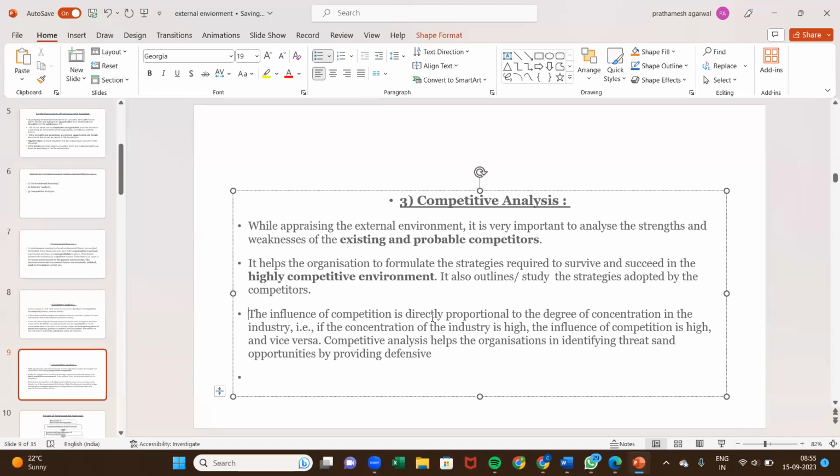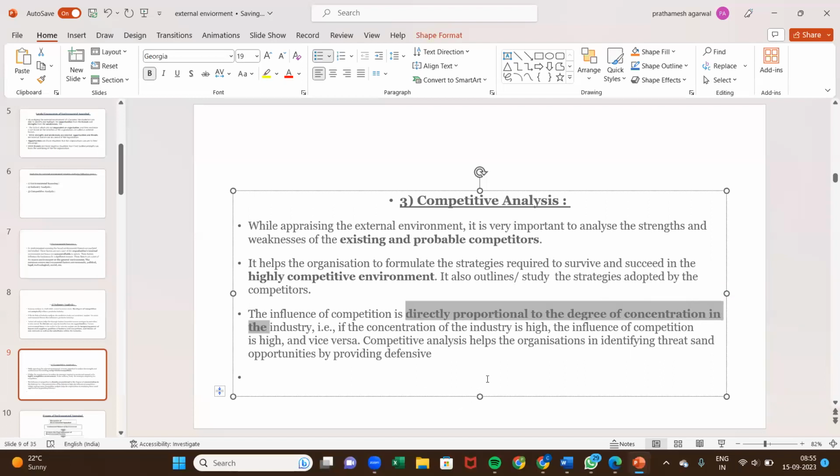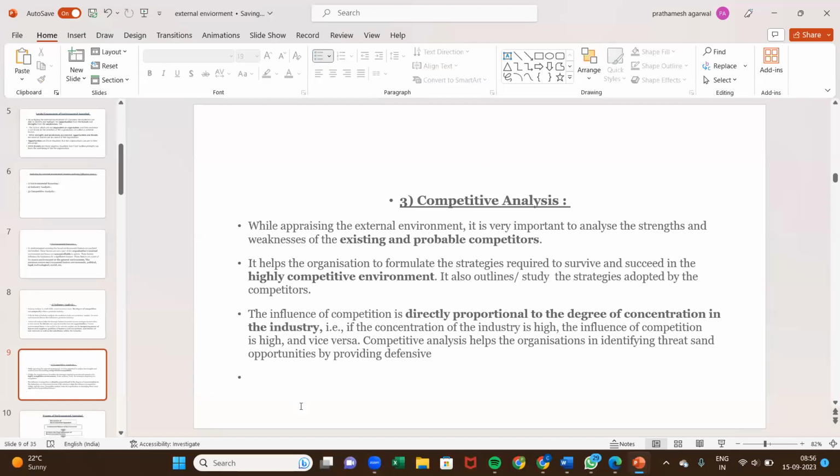The influence of competition is directly proportional to the degree of concentration in the industry, right? How will I explain this? The influence of competition is directly proportional to the degree of concentration in the industry, how much hold he's got in the industry. For example, we have Airtel, we have Vodafone, we have Jio.